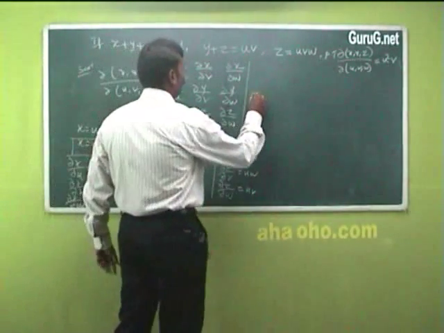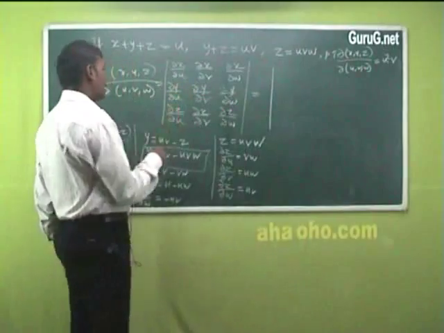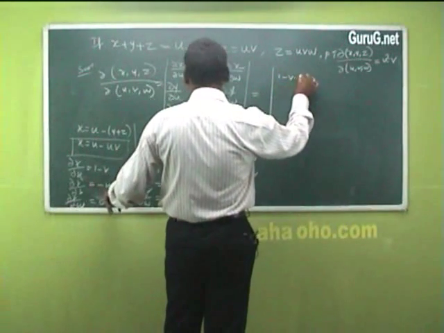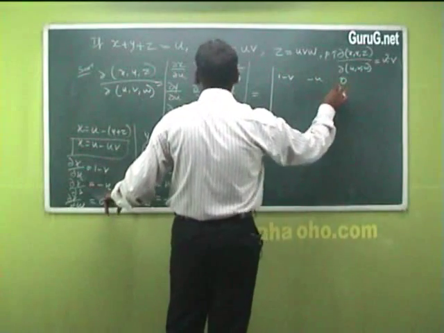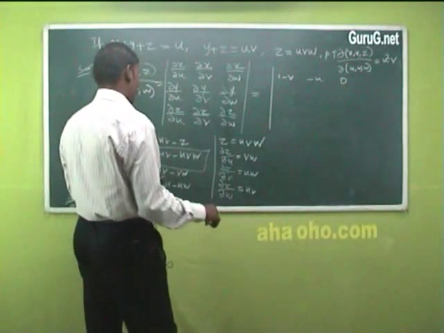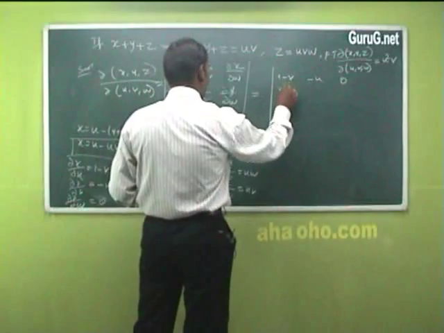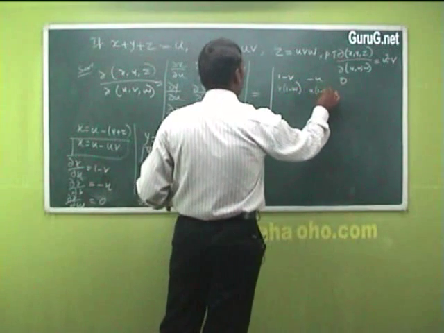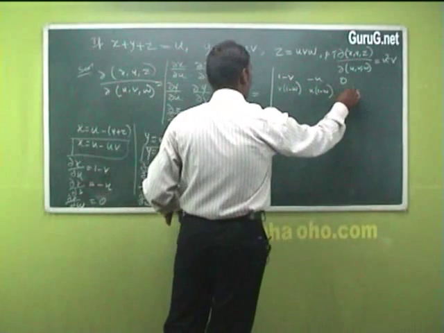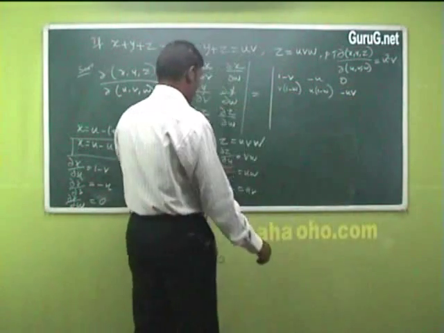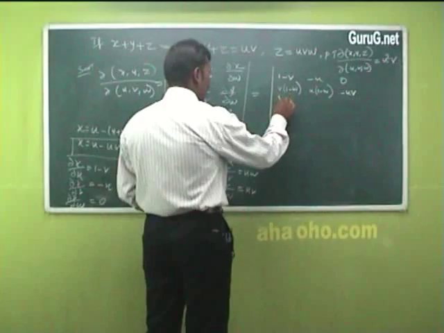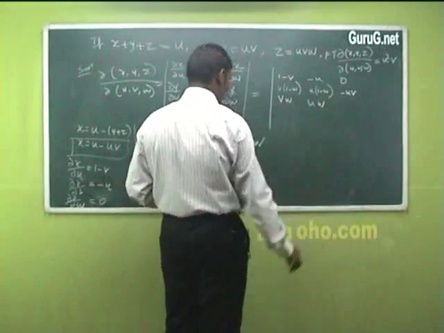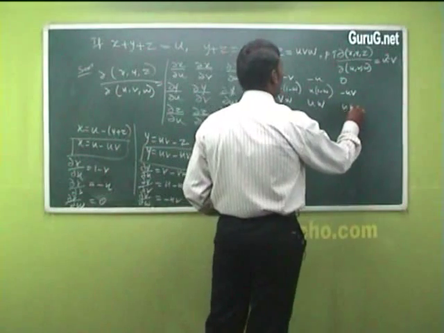We substitute these values in this equation. What will we get now? The determinant: 1 minus v, then minus u, then 0. The second row: v into 1 minus w, u into 1 minus w, then minus uv. The third row: vw, uw, then uv.